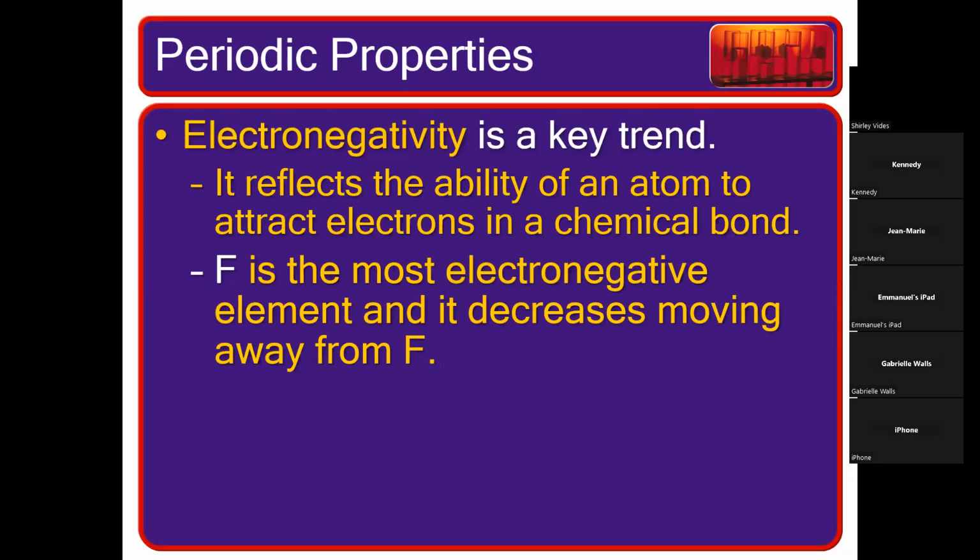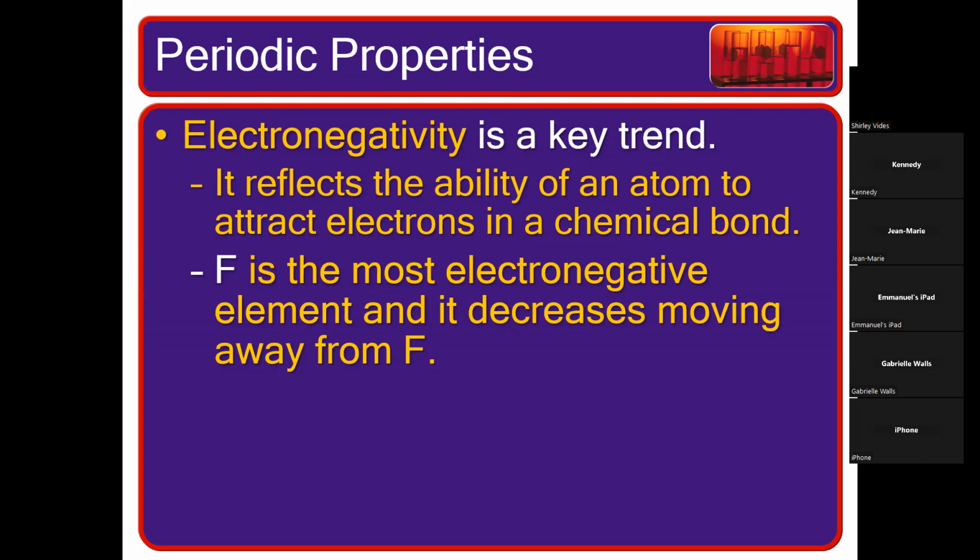Fluorine is the most electronegative element, and electronegativity decreases moving away from fluorine. If you're moving away from right to left, it's decreasing towards the left. If you're moving away from fluorine towards the bottom, then it's decreasing down.